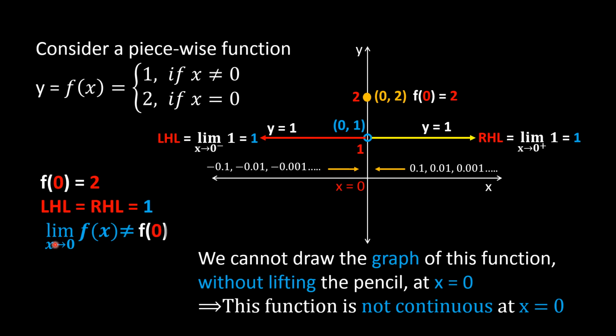Which means the limit of the function exists, and this limit of f(x) as x approaches 0 is not equal to f(0), which is 2. So these are the conditions for a function to be not continuous.